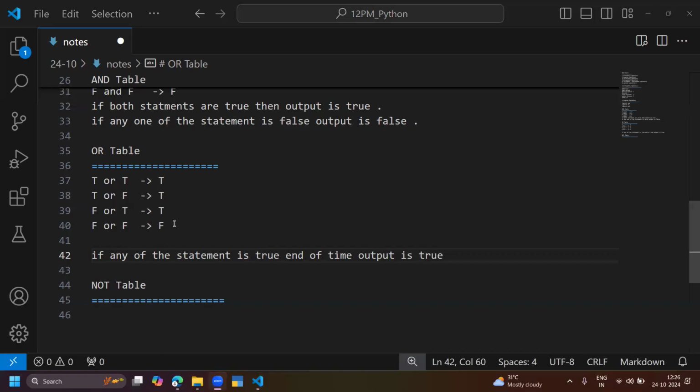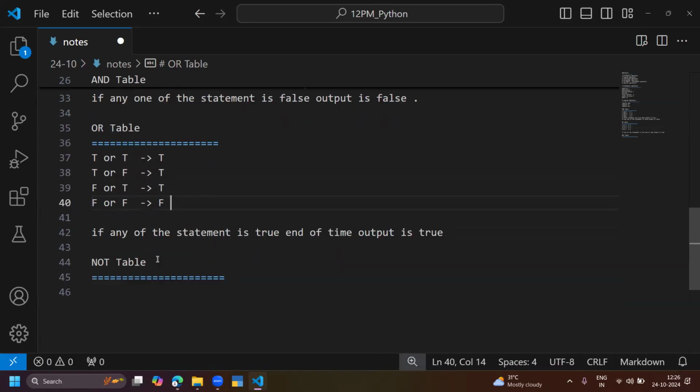Exactly. So that is the reason. Here in these two statements, the first is true and the second is true, and false and false is false. That is the OR table's rules and regulations. So try to understand.